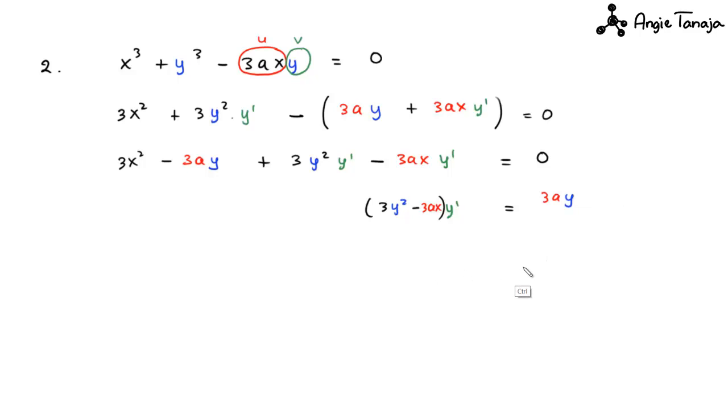Sorry, 3ay minus 3x squared. So then the y prime will be just 3ay minus 3x squared over by the whole thing, 3y squared minus 3ax. That's all.